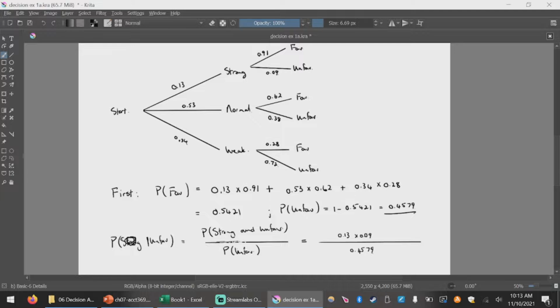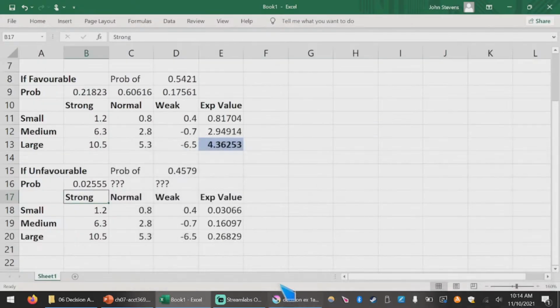Then we're going to do the same thing for normal given unfavorable. That is rewritten as normal and unfavorable over unfavorable. So I just update this to be the corresponding path over here, 0.53 and 0.38. So it'll be 0.53 times 0.38 over unfavorable probability.